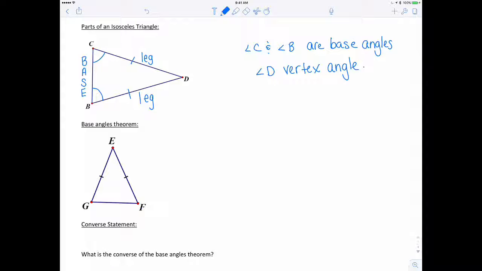In fact, what you may have recalled from a previous geometry lesson in other classes is that base angles of an isosceles triangle are congruent. So this angle G right here is the same size as angle F. So the base angles theorem says that base angles of an isosceles triangle are congruent.